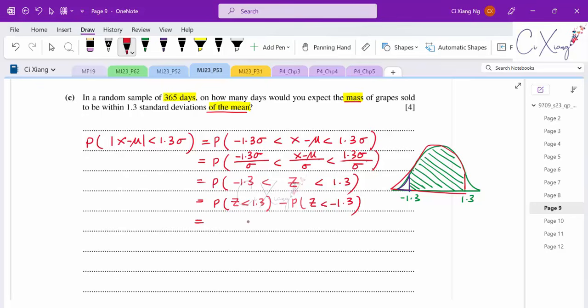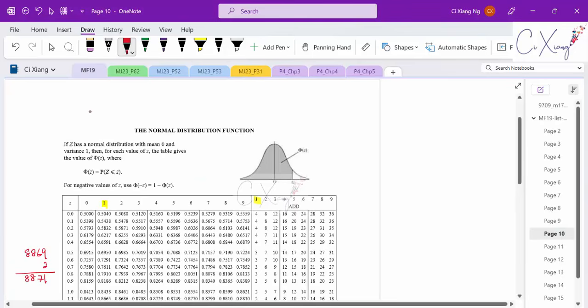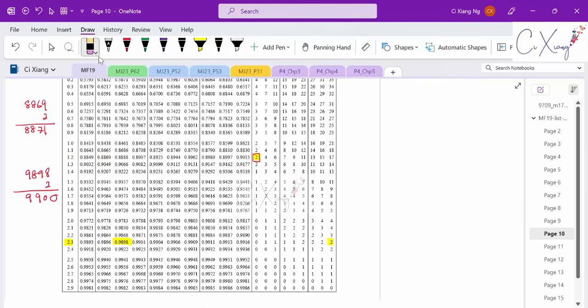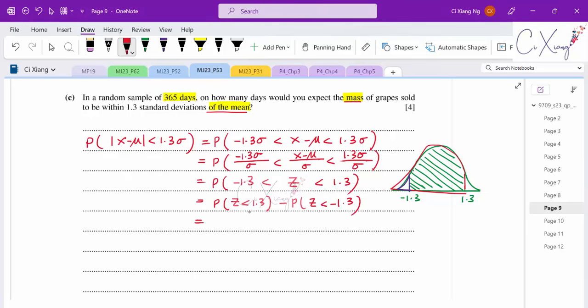To find the value for z smaller than 1.3, you can get it from the normal table. So 1.3, and the value that we get is 0.9032. So probability z smaller than 1.3 is 0.9032.